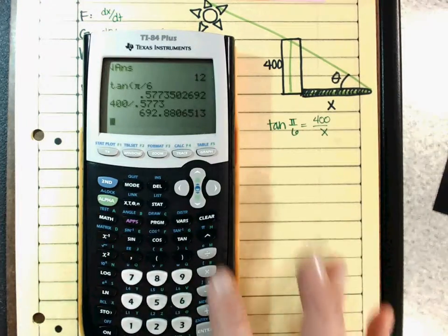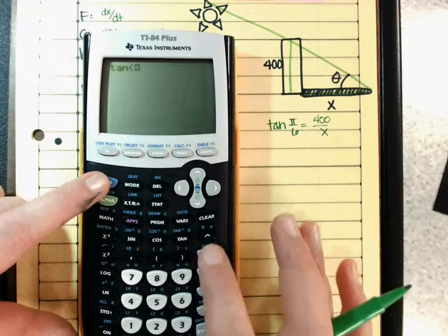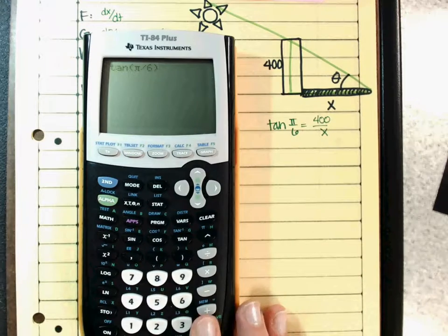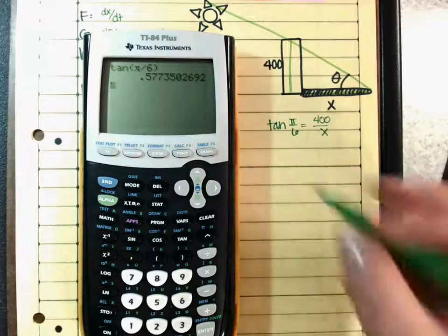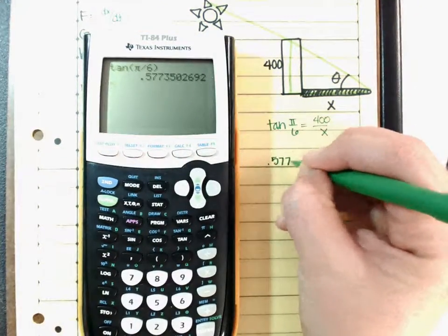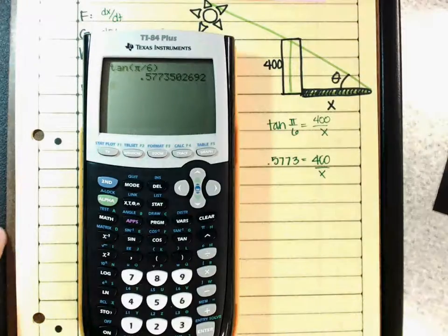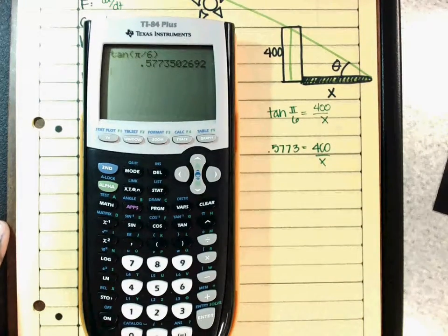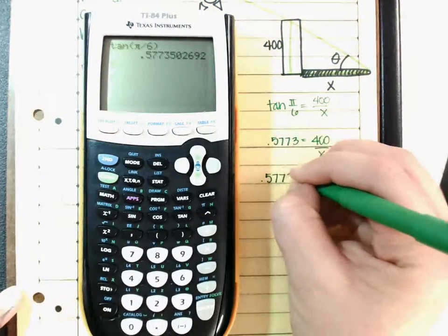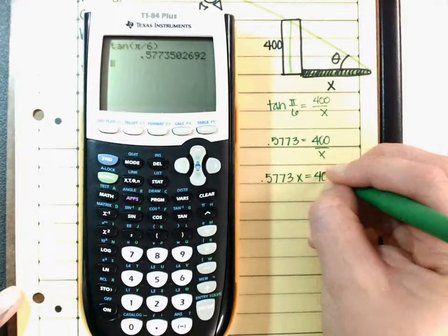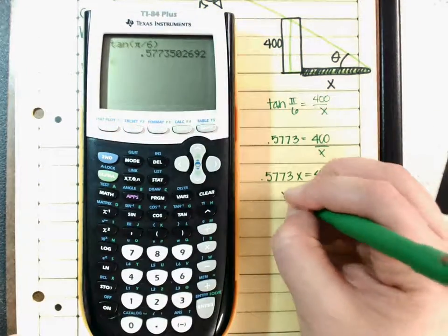What would I do first? Oh, you can see it. Okay, I'm going to find the tan of pi 6th. Now, you could do that by hand if you want to, but you need a calculator eventually anyway. So we're going to do it here. 0.5773 equals 400 over x. What would I do next? Multiply the x up. So 0.5773x equals 400. And then what would I do last to solve for x?